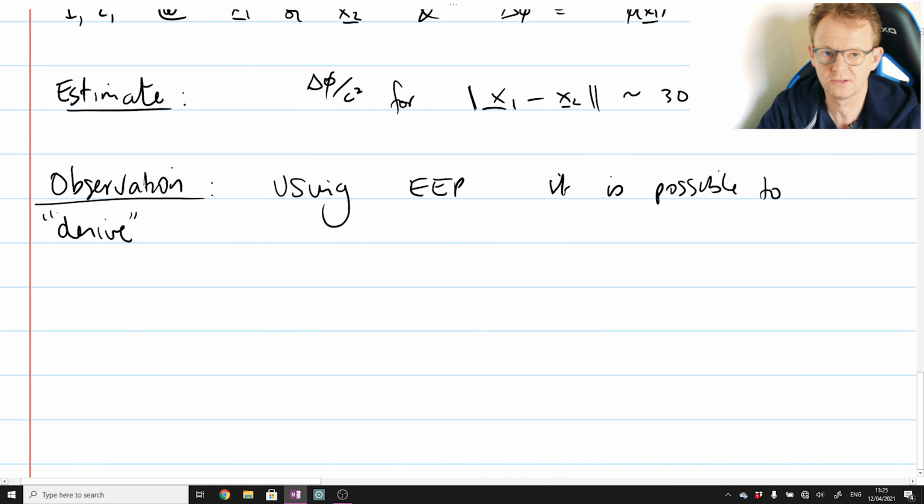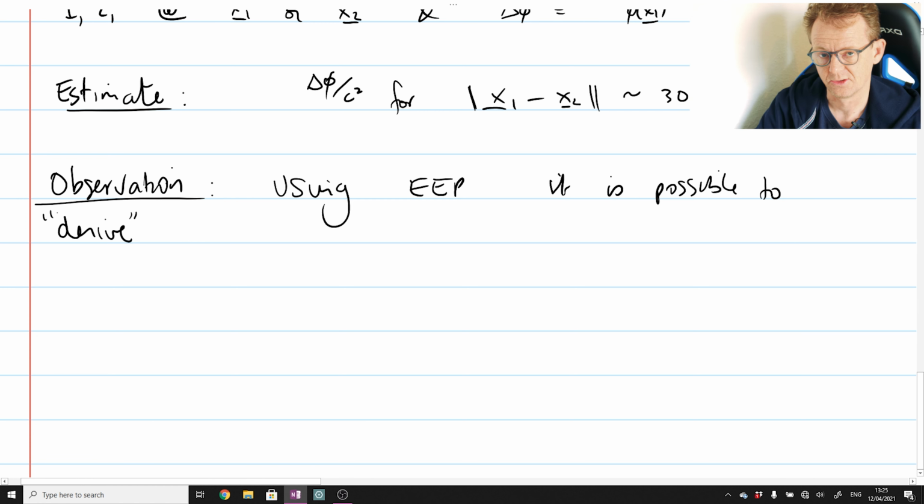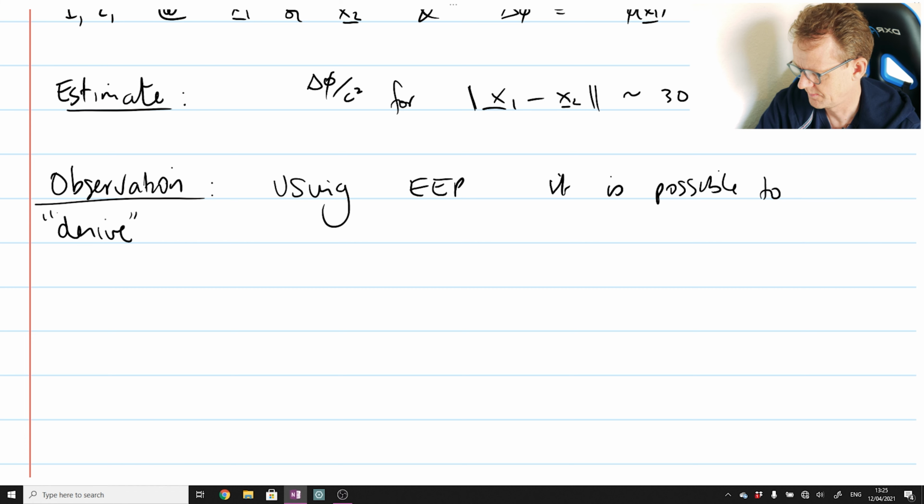So you've probably heard that Einstein's general theory of relativity is a geometrical theory. Sounds pretty magical, right? Pretty amazing. Lots of people have said lots of things about this. And where does this come from? Well, it's possible to derive this. You can, I would say, argue this from the EEP.